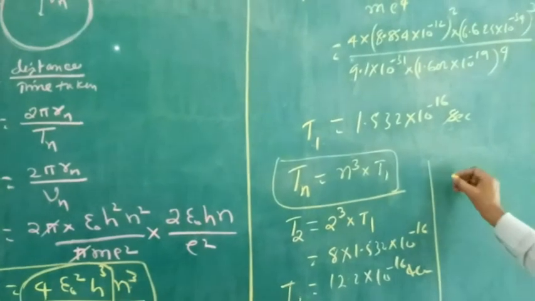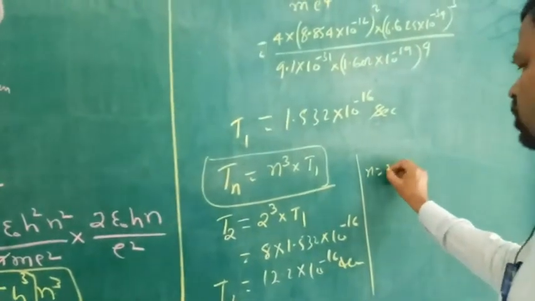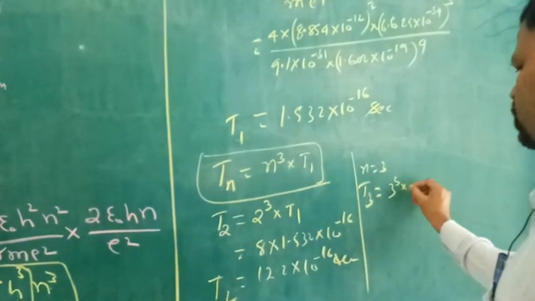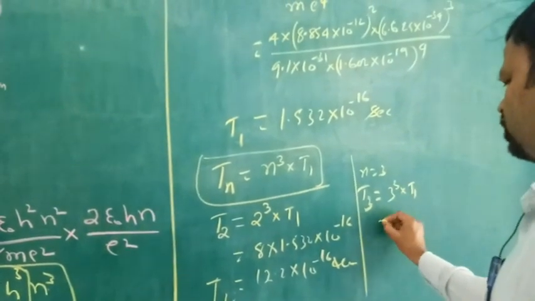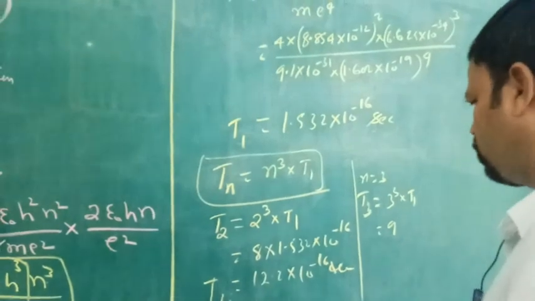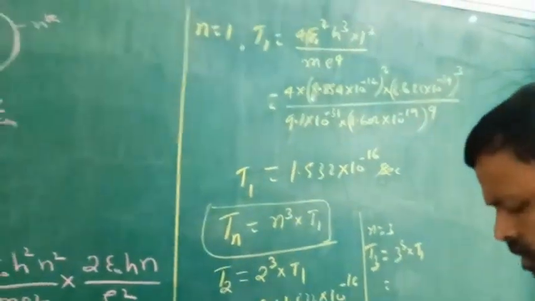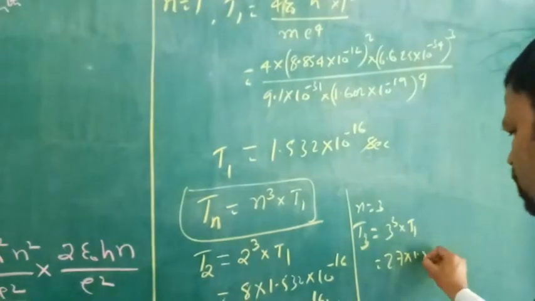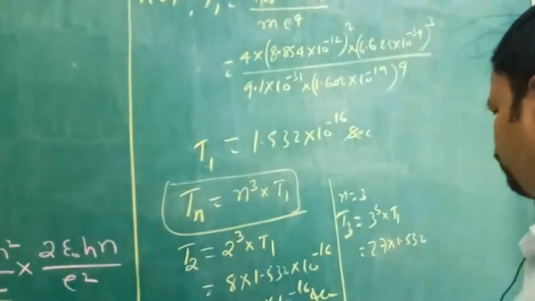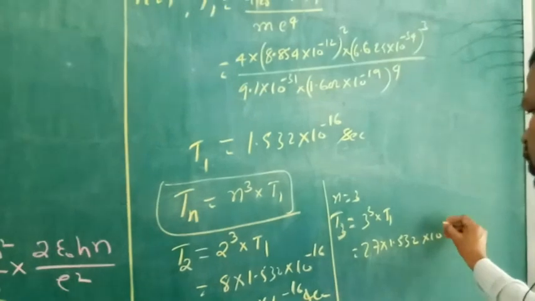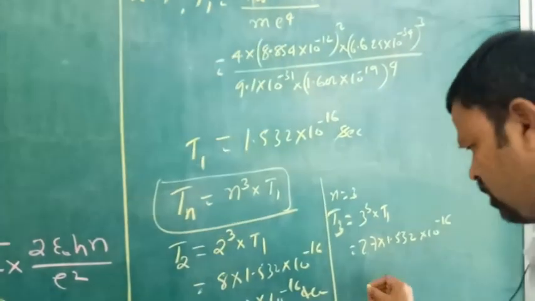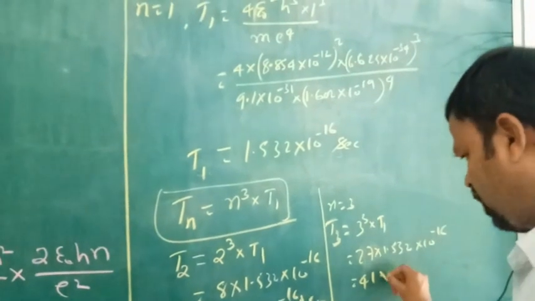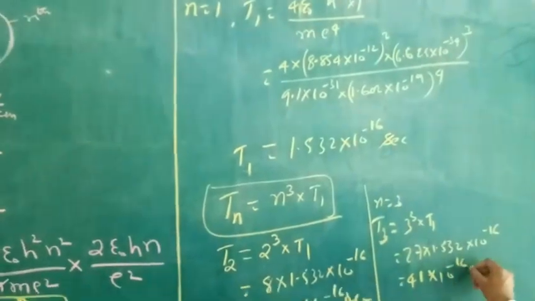Similarly, for the third orbit, n is equal to 3, T3 is equal to 3 cube into T1, 3 cube is 27, 27 into 1.532 into 10 to the power of minus 16, that is equal to 41 into 10 to the power of minus 16 second.